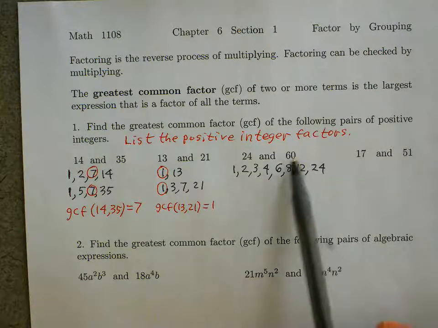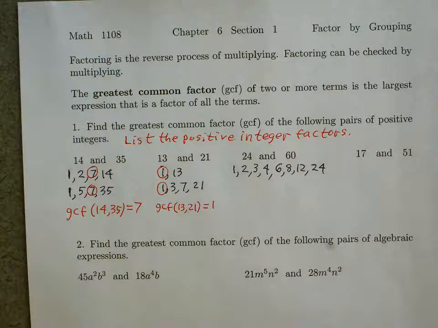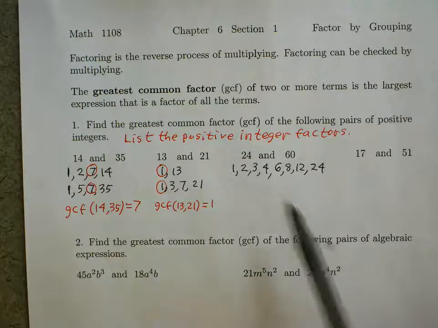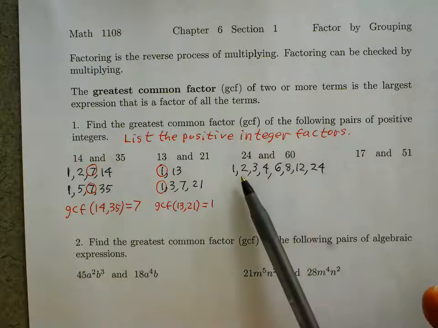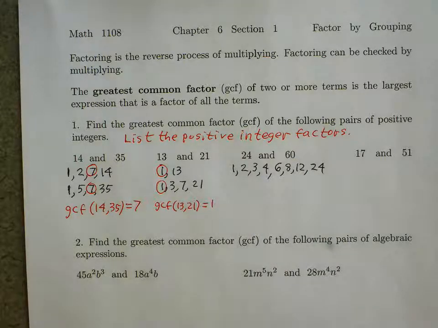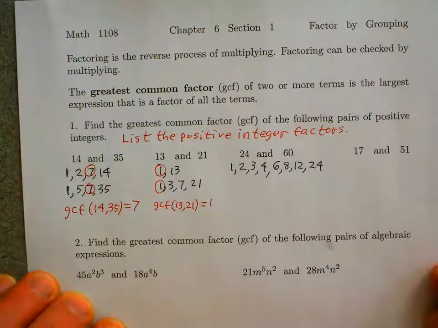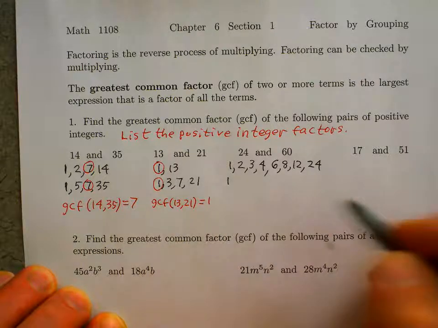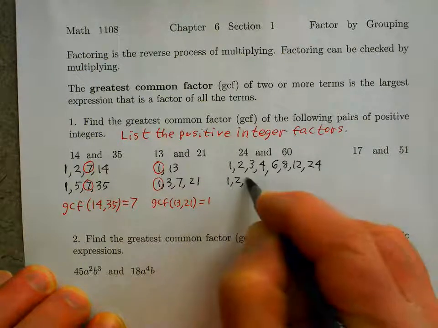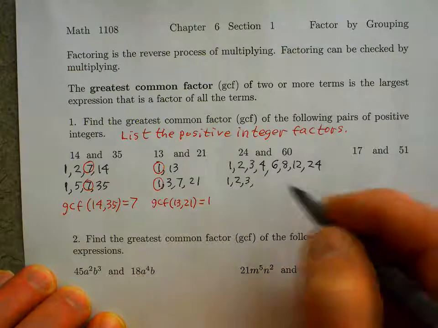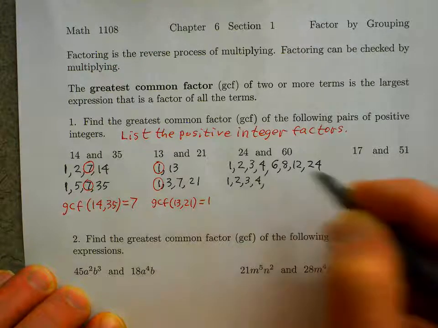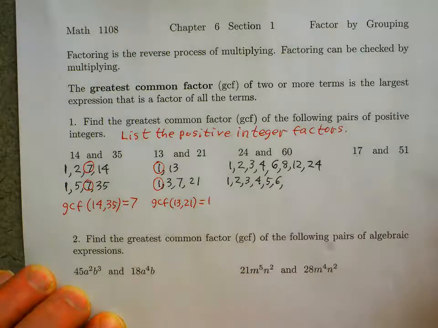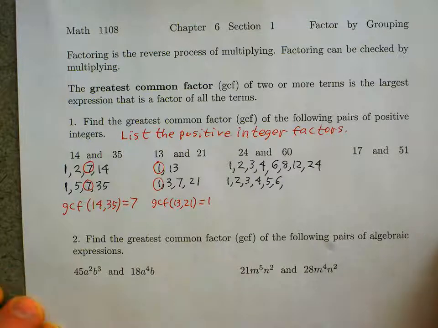And the positive integer factors of 60. Well, that has even more positive integer factors than 24 does. So I guess we better get started. 1 times 60, so 1, 2 times 30, 3 times 10, 4 times 15, 5 times 12, 6 times 10, then what comes after 6?